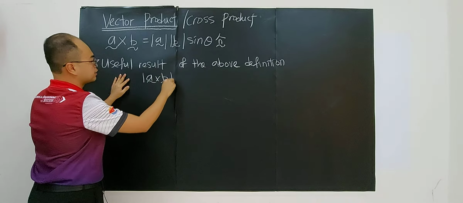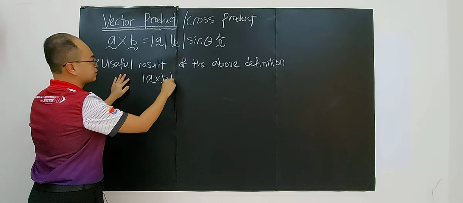For parallel vectors, either theta is 0 degrees or theta is 180 degrees, right?